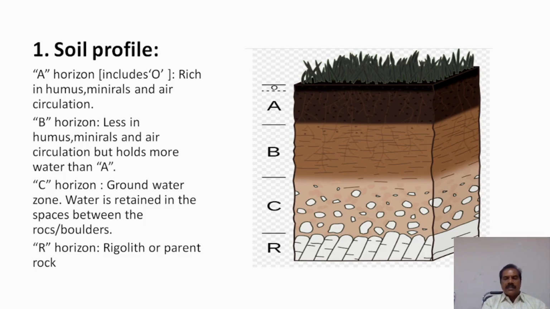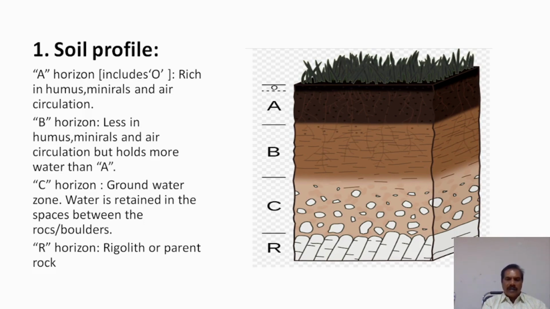The spaces between the rocks are filled with water, that is groundwater. So the C horizon is well known for its groundwater content. So groundwater table is present in the C horizon.